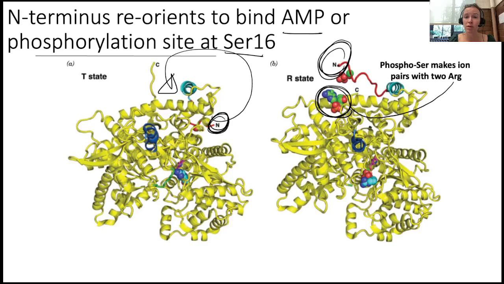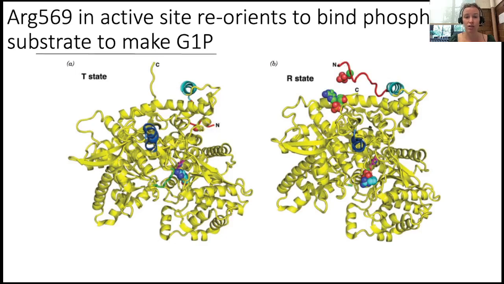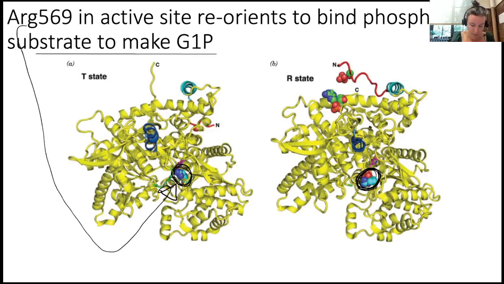But as we know from hemoglobin, when one part of the tertiary structure changes, other parts of the tertiary structure change too. So when the allosteric site changes shape, the active site changes shape. So you can see a difference between where the arginine in the active site is located, okay? This is a separate arginine than the one in the allosteric site.